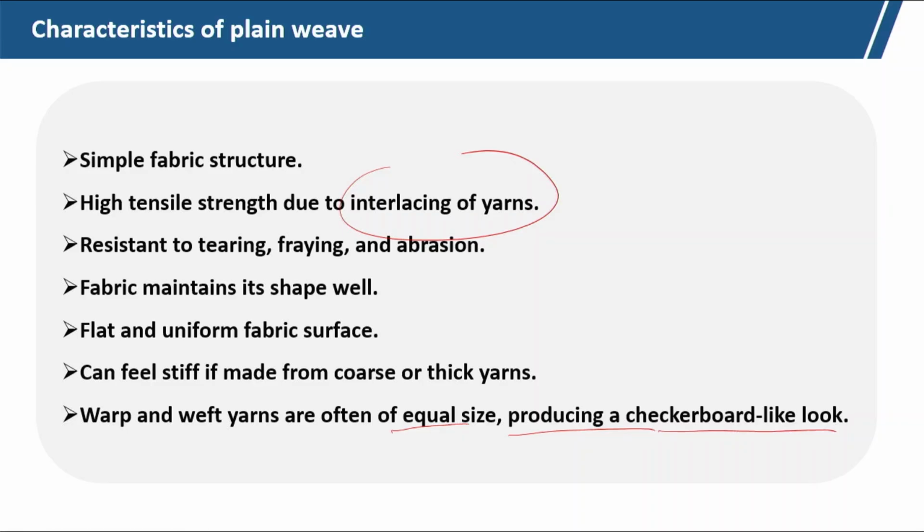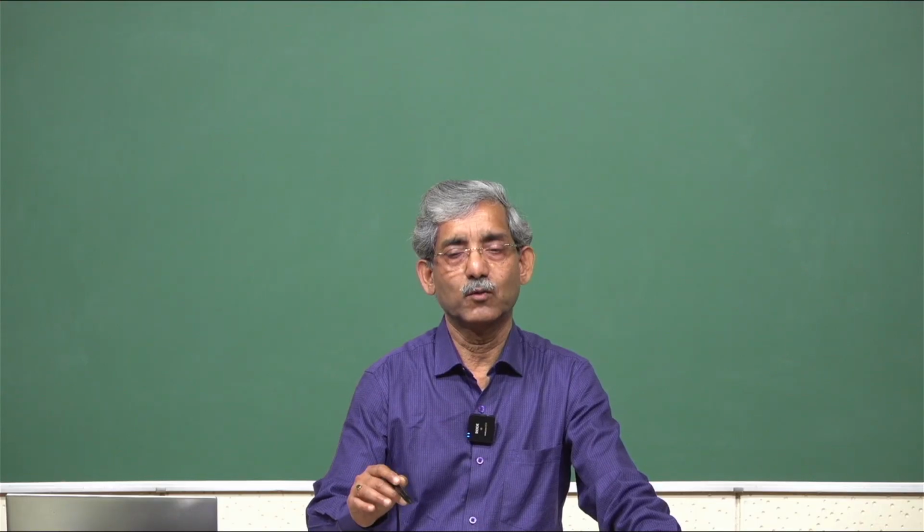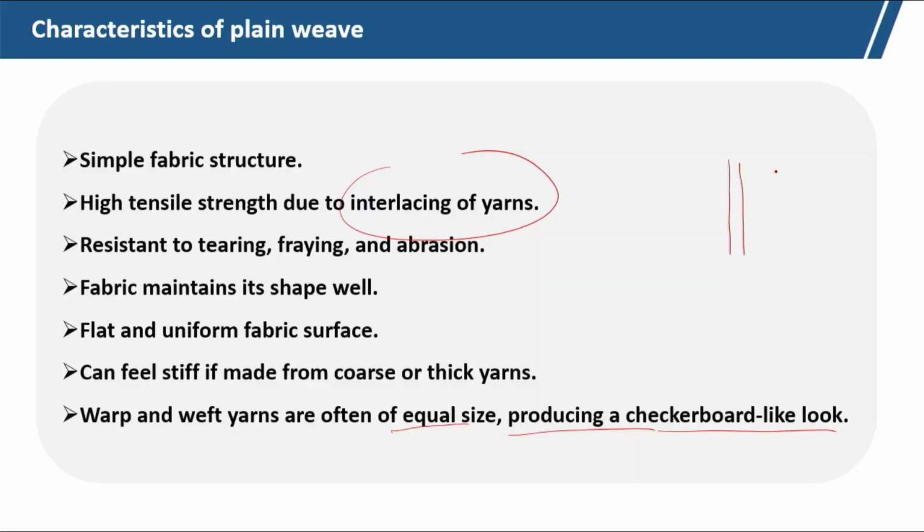So, if your warp and weft yarns are of different colors but equal size, then one can make checks and different types of designs.